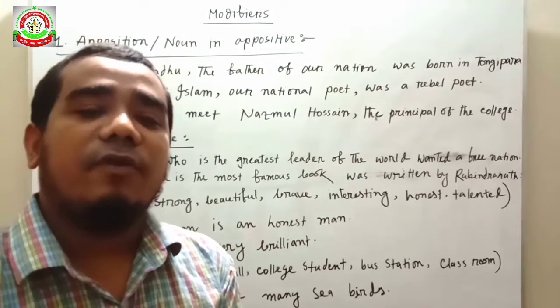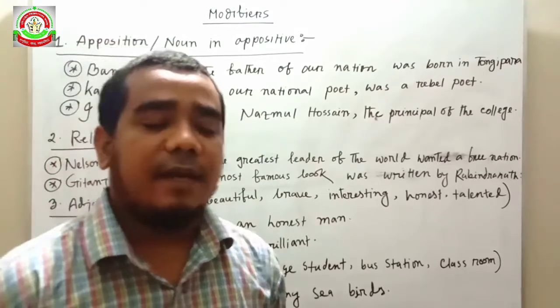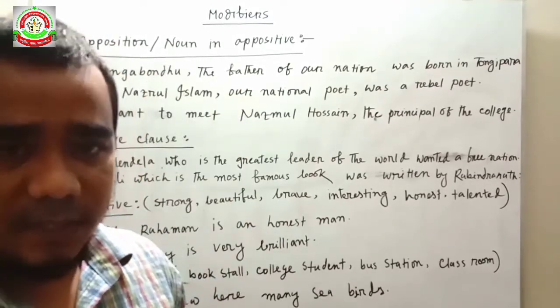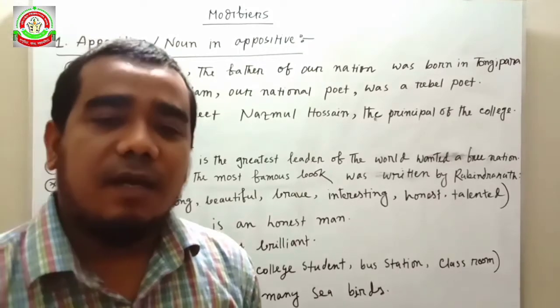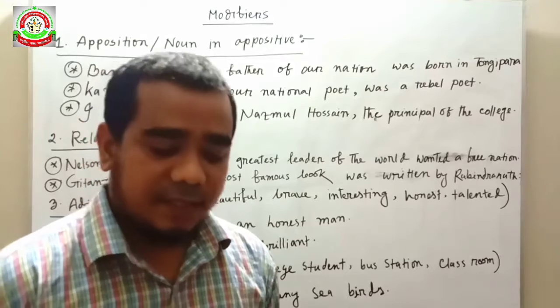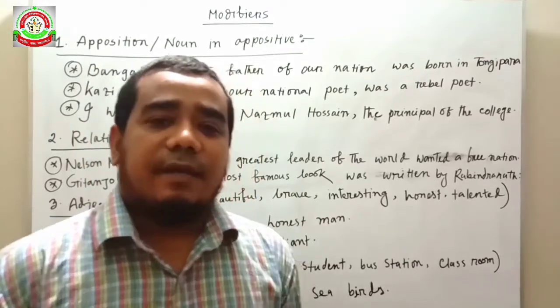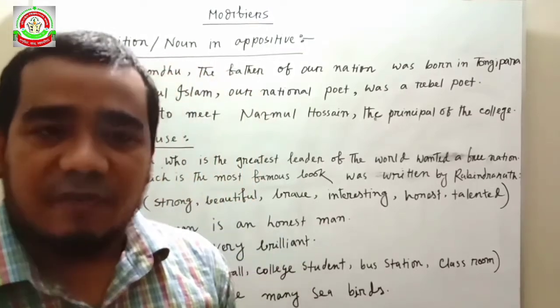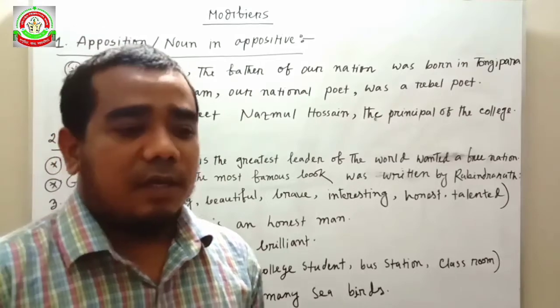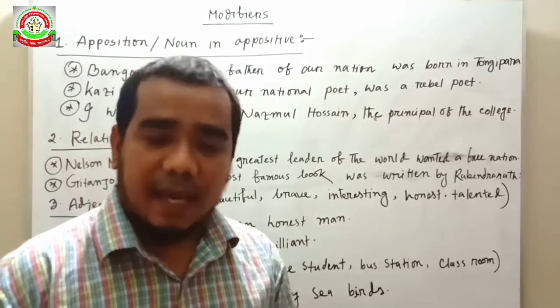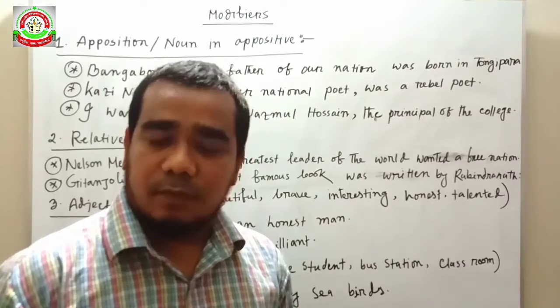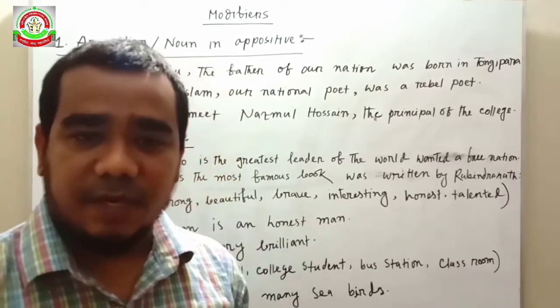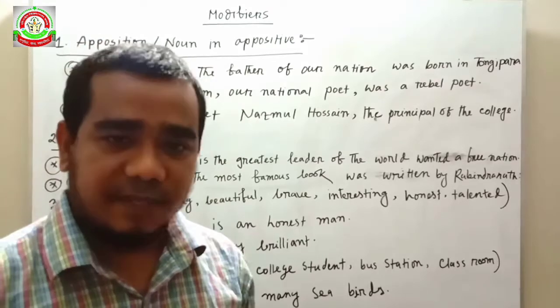But when a modifier sits after a word and modifies the previous word, it is called a post-modifier. Pre-modifiers include apposition, noun, adjective, participle phrase, past participle phrase, present participle phrase, determiners, and even intensifiers.